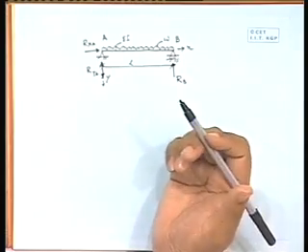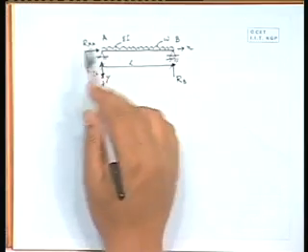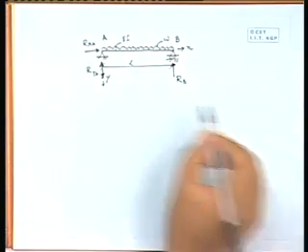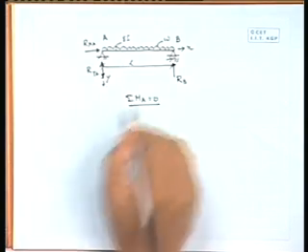You can take moment about any one of the ends. So, it is better to take moment about A, as both the forces will be eliminated there. So, first step we can take summation of moment about A equal to 0.